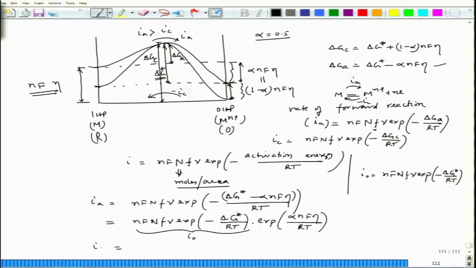So, it becomes I A equals I 0 exponential alpha n F eta by R T.